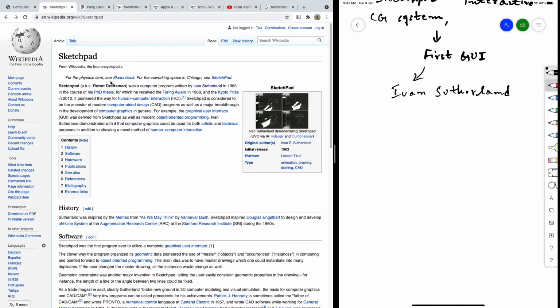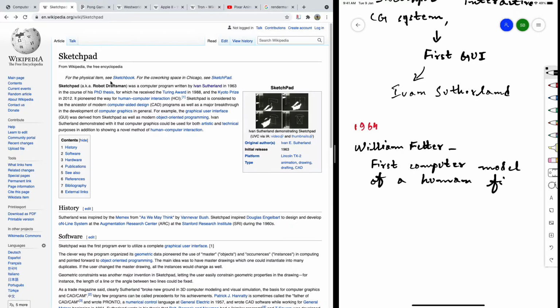Then let us go further. In 1964, William Fetter, who had earlier coined the term computer graphics, gave the first computer model of a human figure.